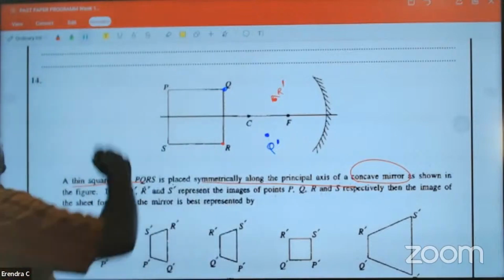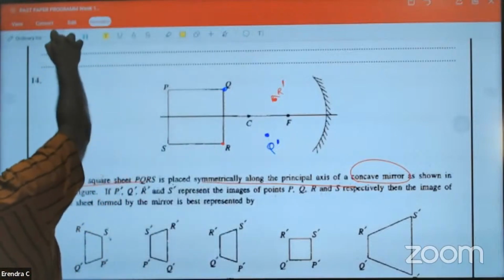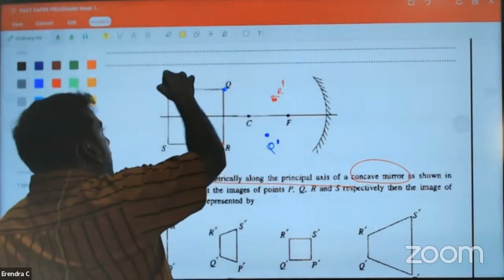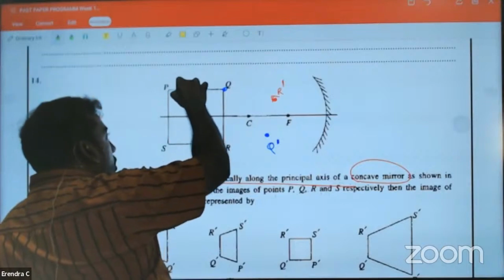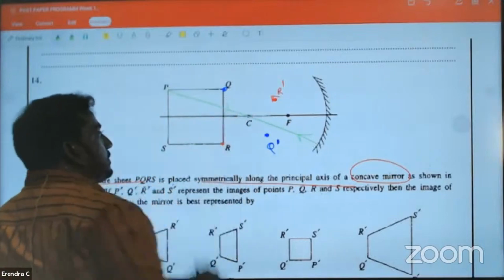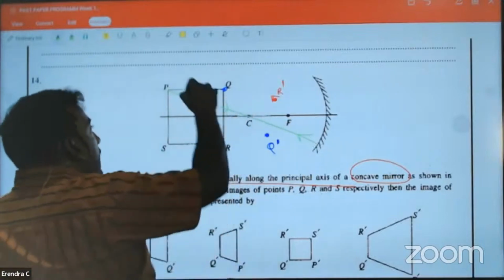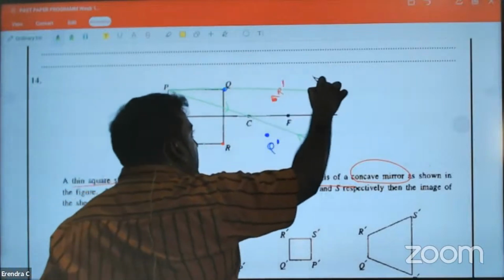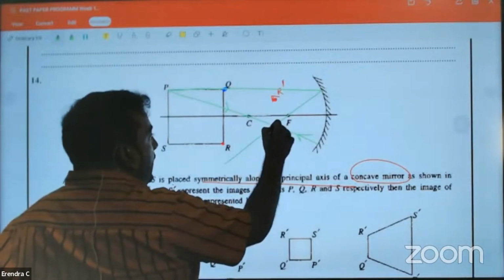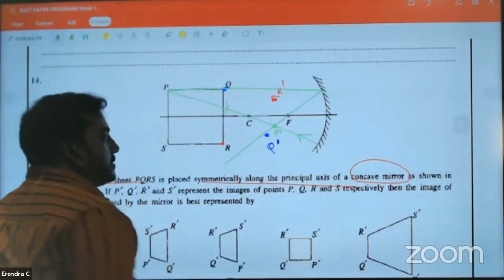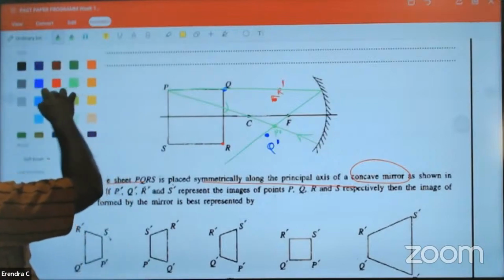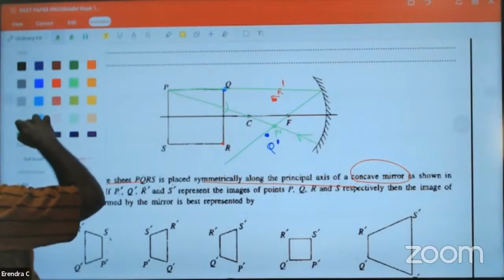Right. Let me draw now again for P. Light rays going through the optical center will travel back along the same path. Light rays which are parallel to the principal will go through the focal. Here you will get P dash. Now what are the other ones? I should use maybe dark green.